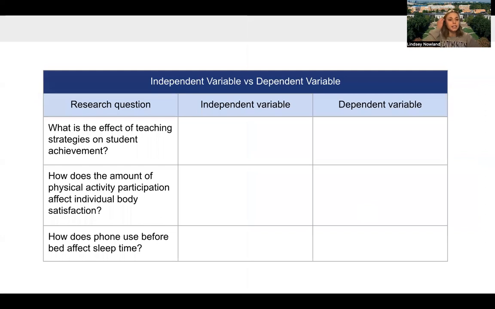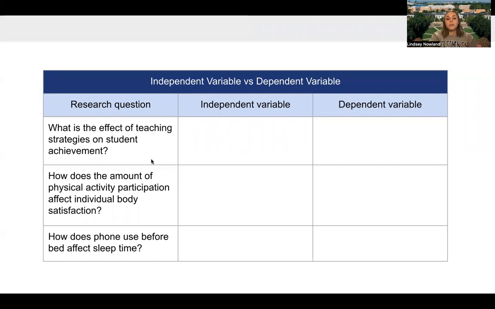So just to break this down with a couple research questions that I've created here. What is the effect of teaching strategies on student achievement? If I'm reading this question, I'm looking at the effect of teaching strategies on student achievement. An easy way to rearrange this type of question or to identify your variables is to set up a hypothesis.